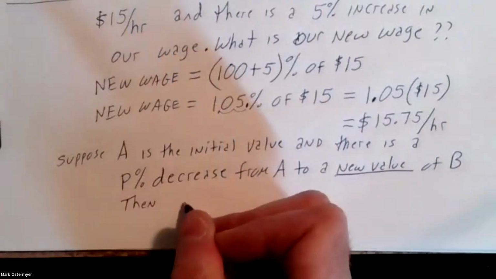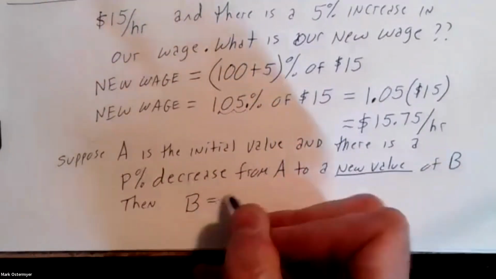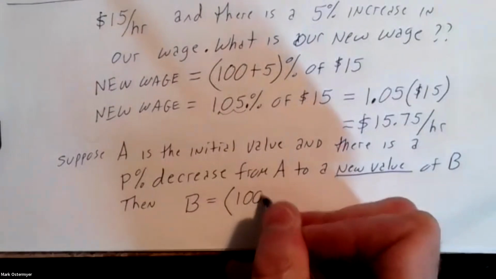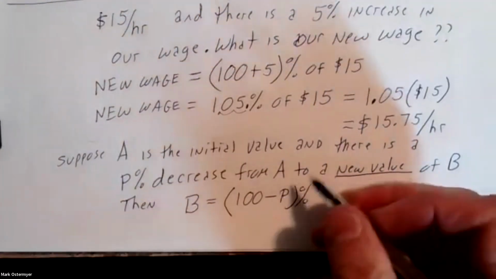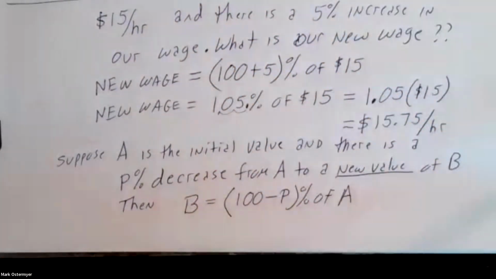Then it must be true that our new value B is equal to 100 minus P% of the initial value A. That's how you deal with percent decrease.